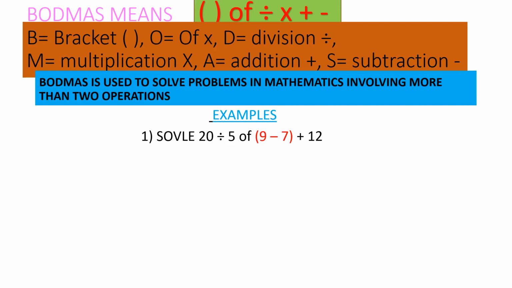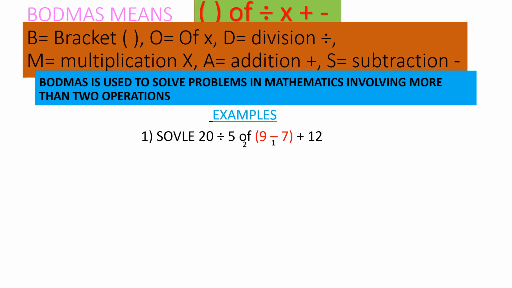According to BODMAS, bracket comes first, so I label it number 1 and I am going to solve the bracket first. The second operation is of, so I put number 2 under it, which means that is the second thing I am going to solve after the bracket.